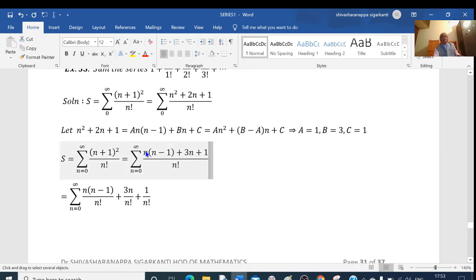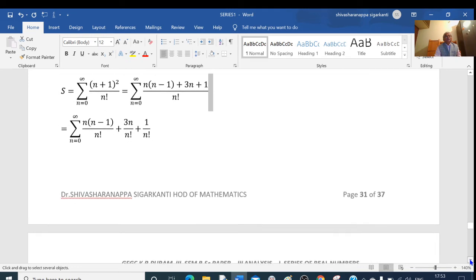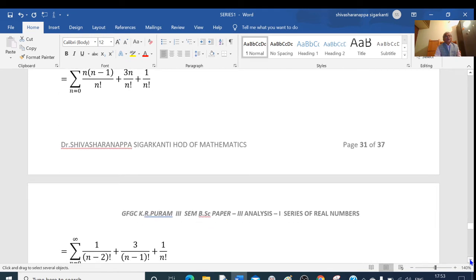This can be written as n into n minus 1 by n factorial plus 3n by n factorial plus 1 by n factorial. In the first term I will write n factorial as n into n minus 1 into n minus 2 factorial. Then n into n minus 1 gets cancelled. In the second term, I will write n factorial as n into n minus 1 factorial. N gets cancelled, n minus 1 factorial remains. Plus this, I will keep as it is.